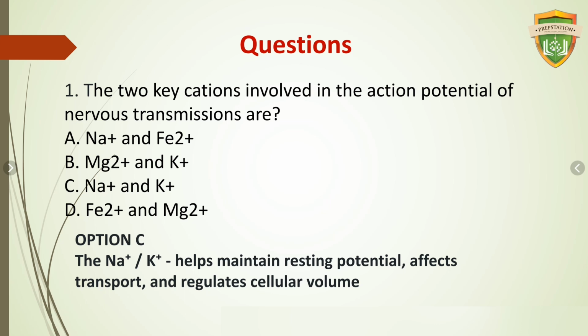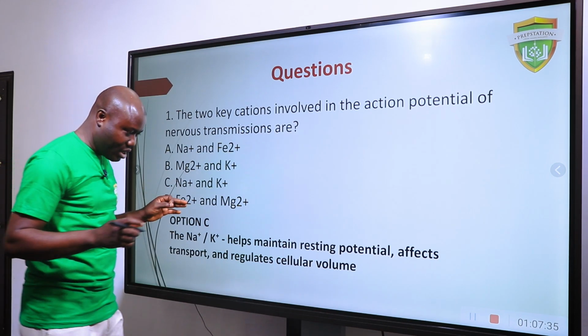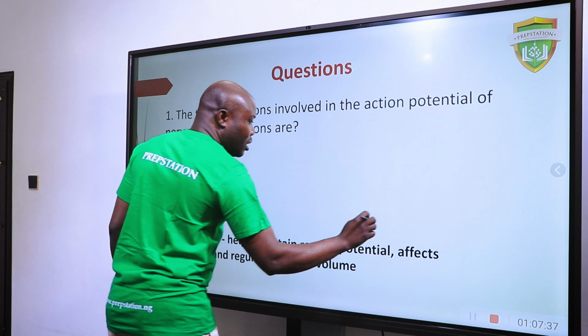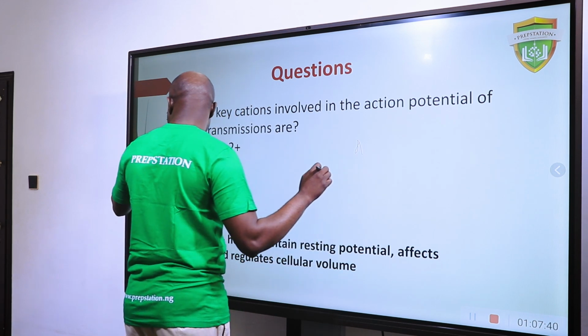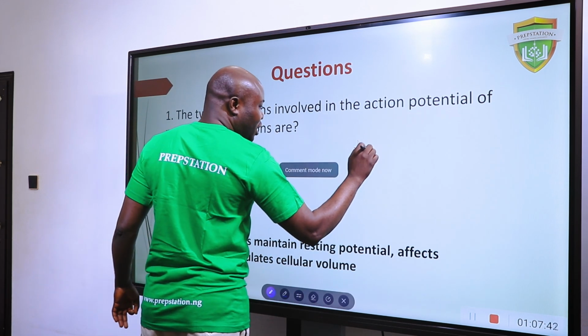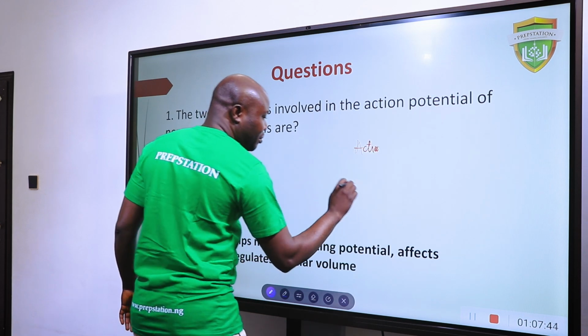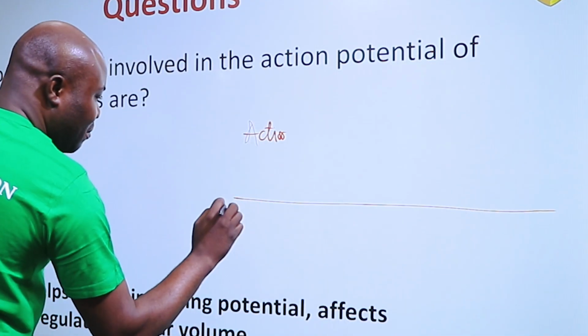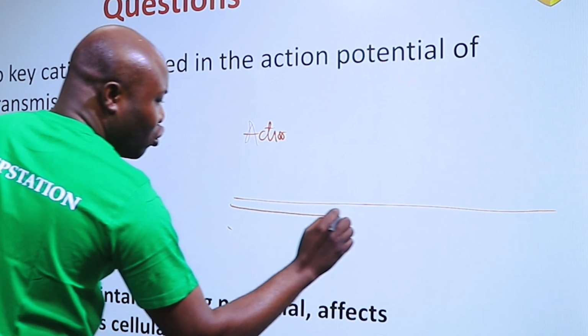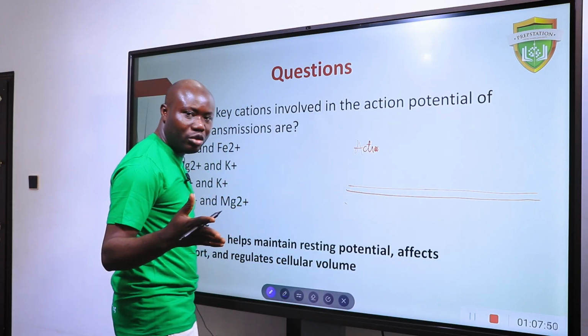Let's look at the question here. The two key cations involved in the action potential of nervous transmission are, stay with me, please. When you talk about sensory information, there is something we call action potential. Now, in the diagram of a cell membrane, your cell membrane is not as simple as what they used to draw for us.